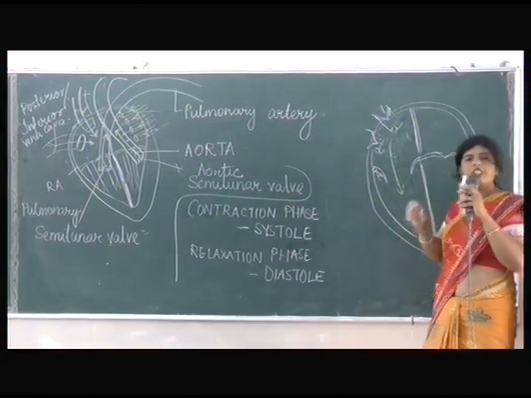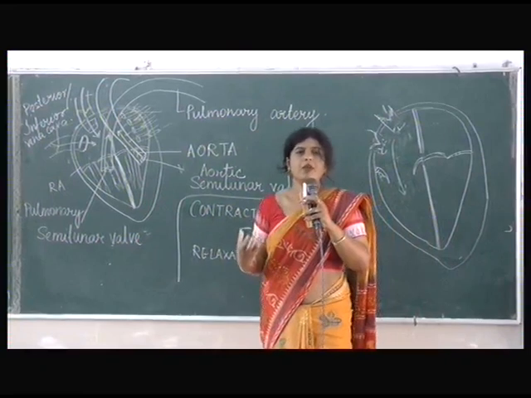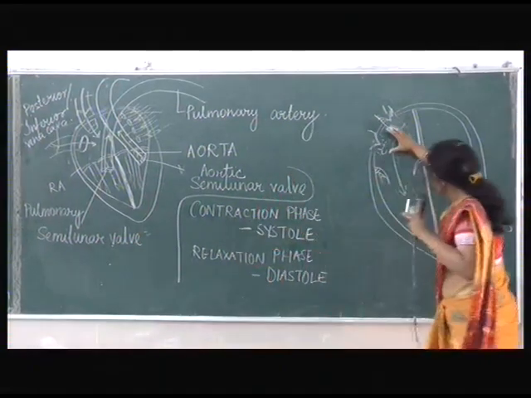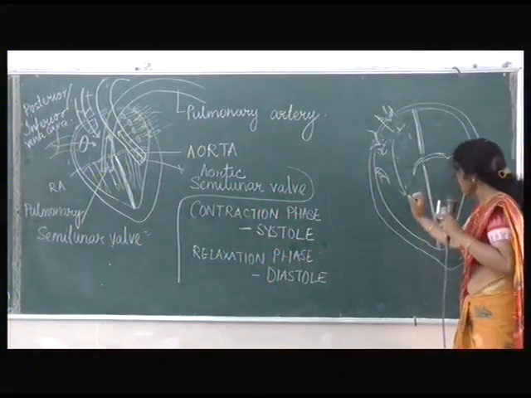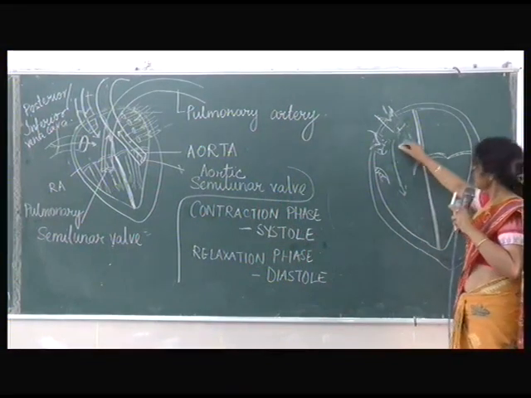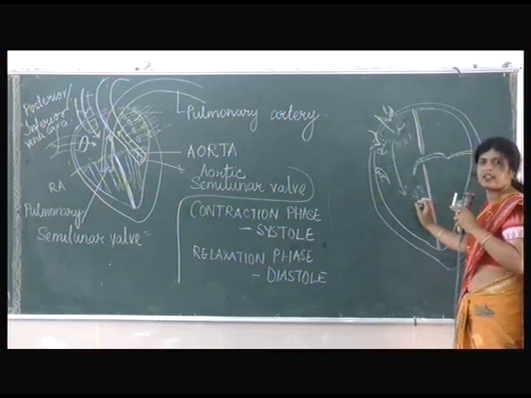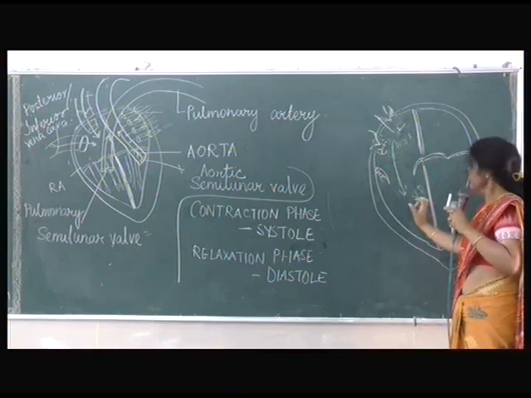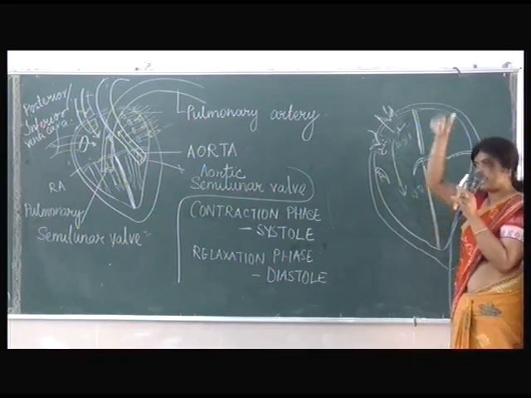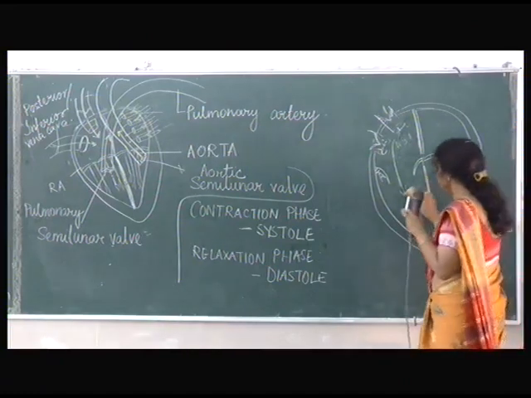I told you, whichever chamber blood gets into, it has to be relaxed. It cannot be contracted. So this is applying pressure, and this is relaxed so that it can receive the blood. So here is auricular systole, and here is ventricular diastole. The ventricles are relaxed so that the blood entering from the auricle can enter into the ventricle.